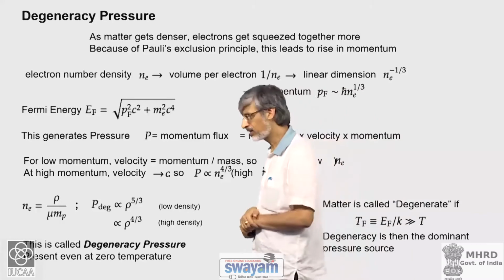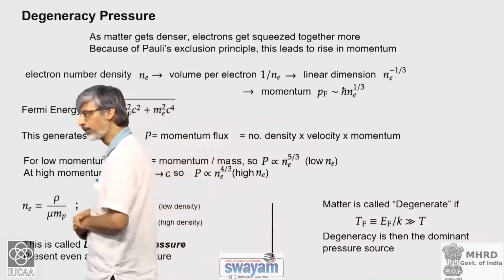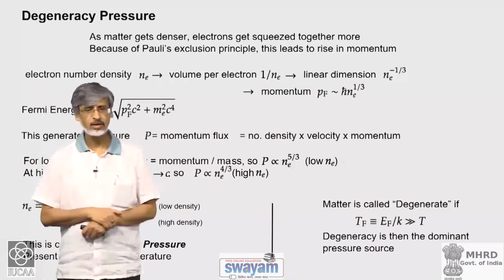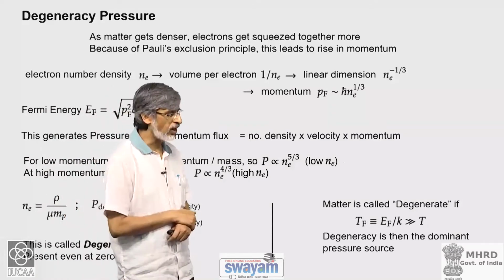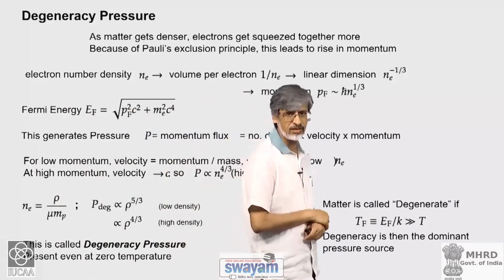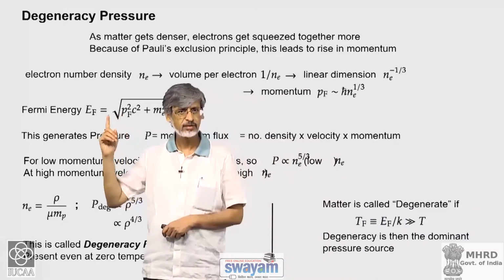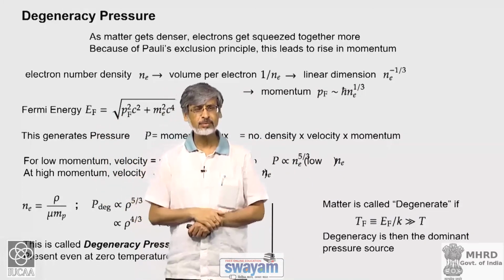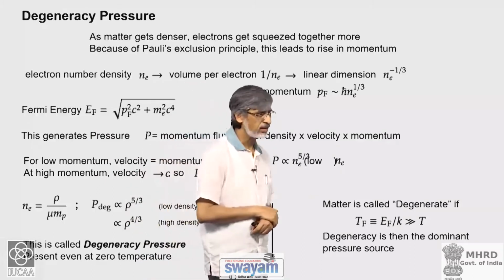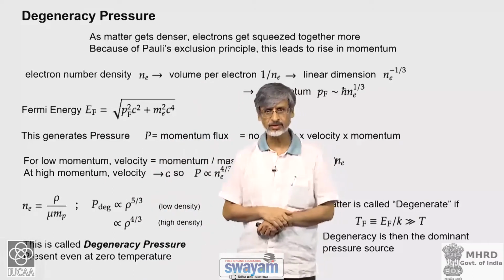This pressure is present even at 0 temperature, and we call matter degenerate when the Fermi energy E_F is much larger than the thermal kinetic energy per particle.